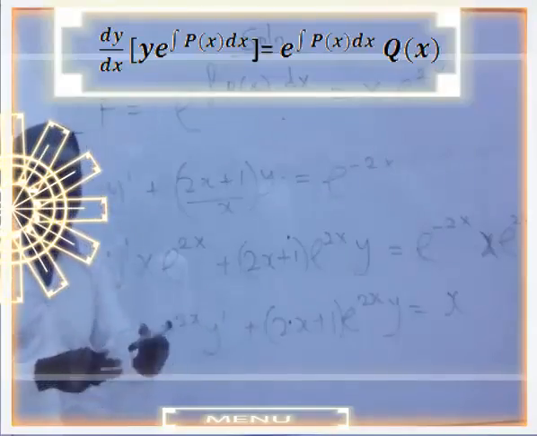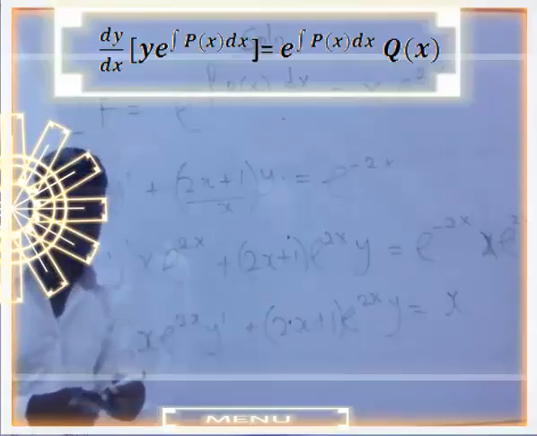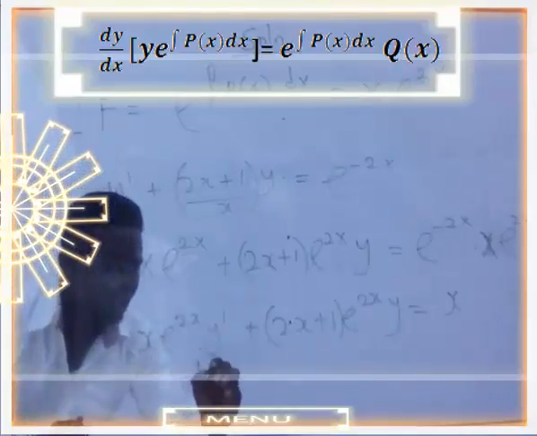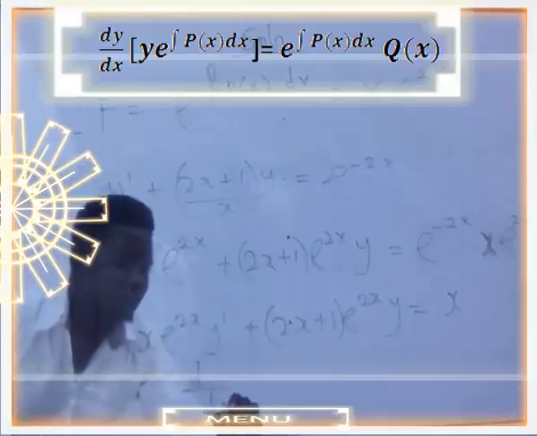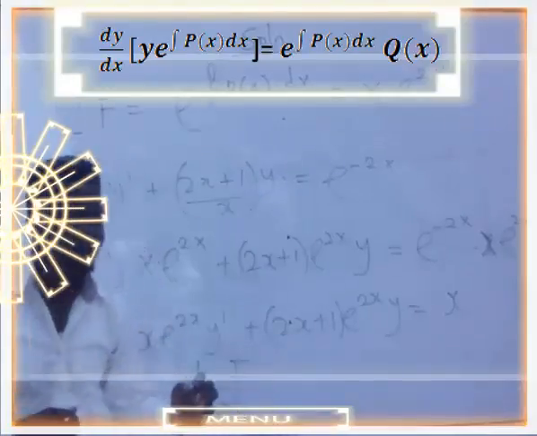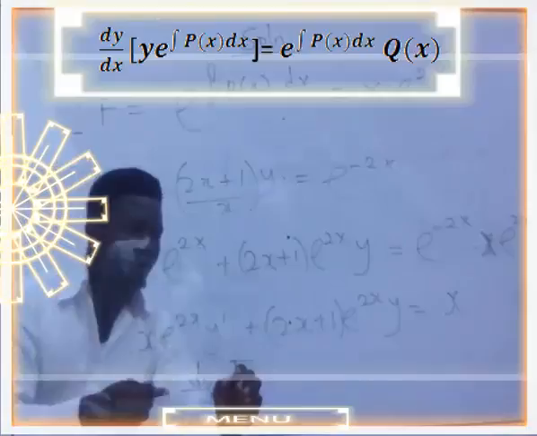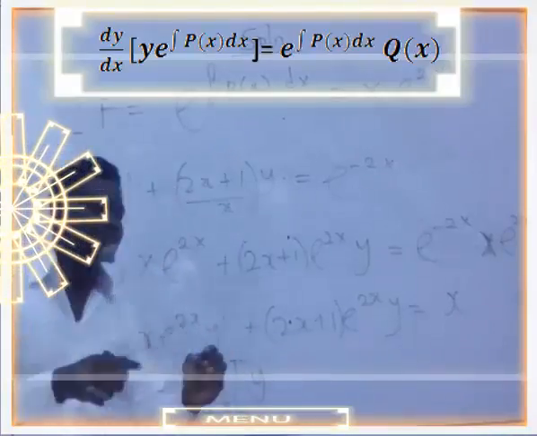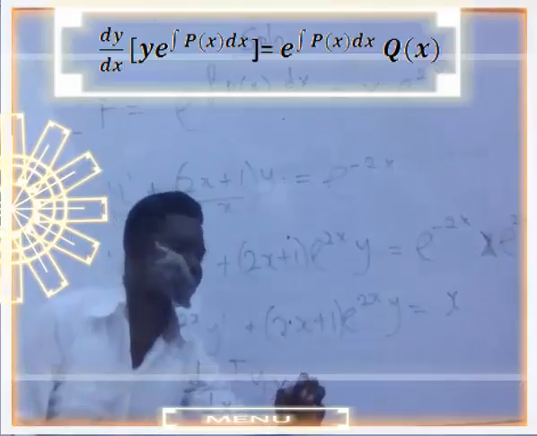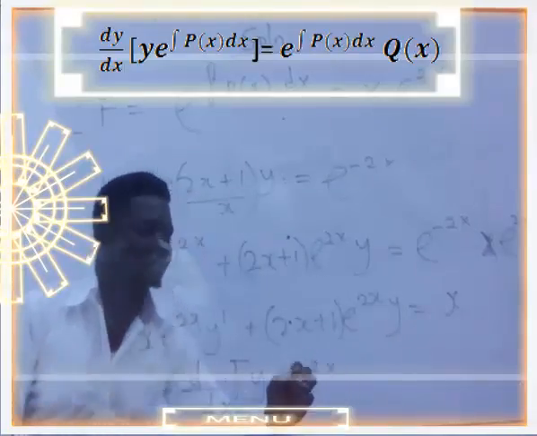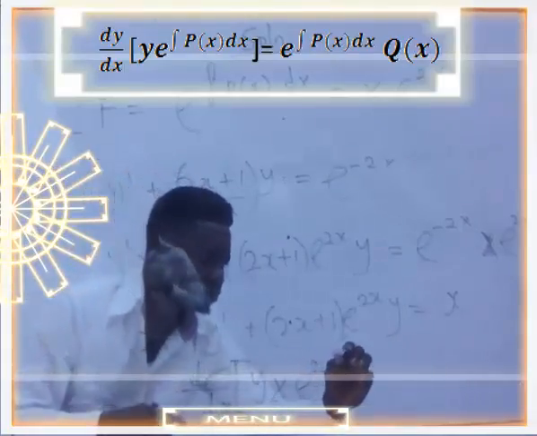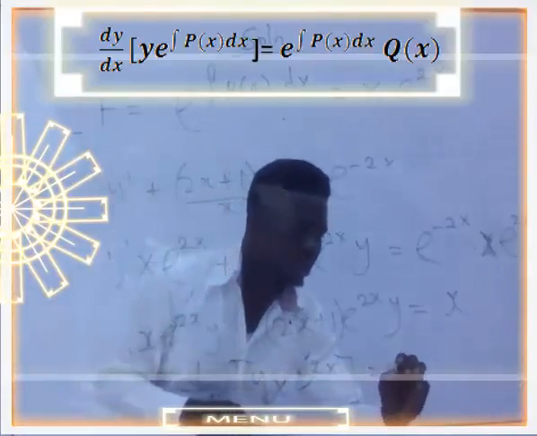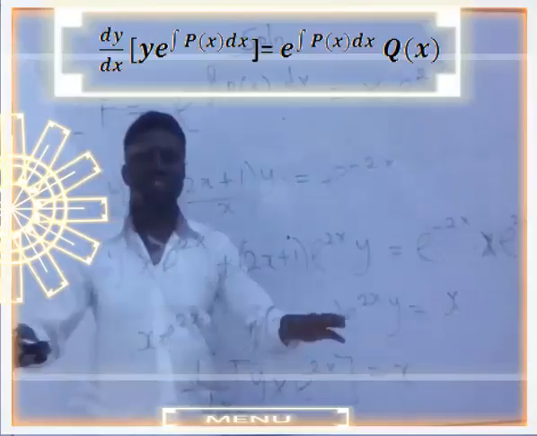So I'll have d/dx of y times the integration factor, x exponential 2x, equal to x. We have finished the second step.